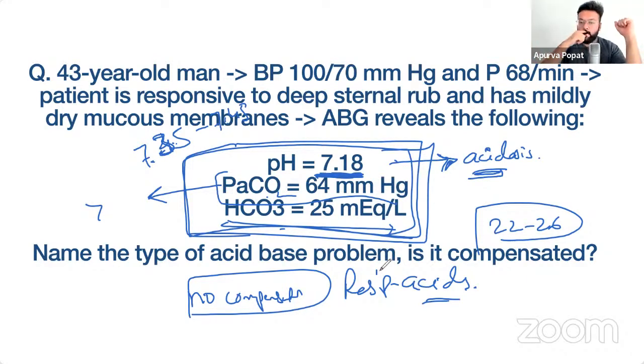How much time does it take for kidneys to compensate? More than 24 to 48 hours. So it takes at least 1 to 2 days to compensate.